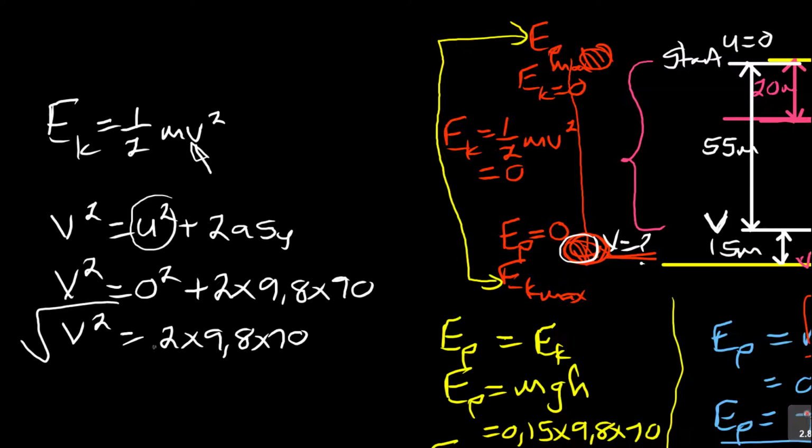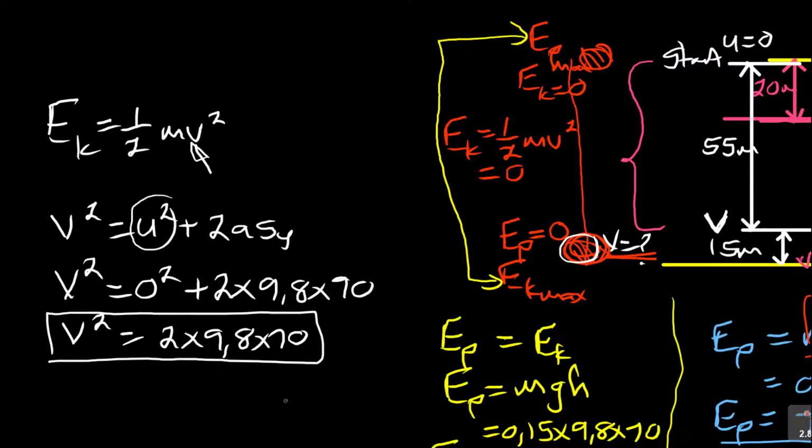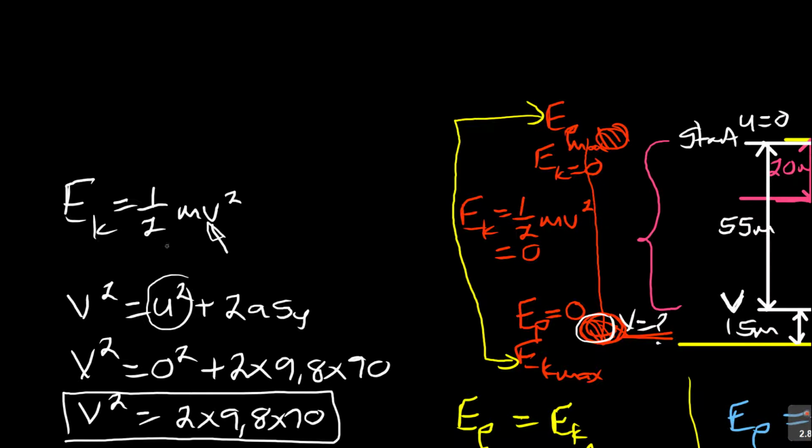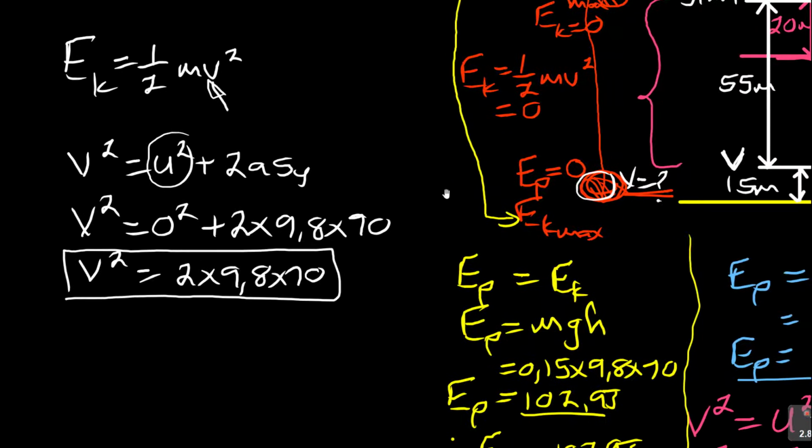Then, like I did previously, you square root here, but do I need to square root it? No, let's leave it like that. That is my v squared. Are you with me? Now, guess what? I'm able to come to the formula for EK, which says EK is equal to half times m times v squared.